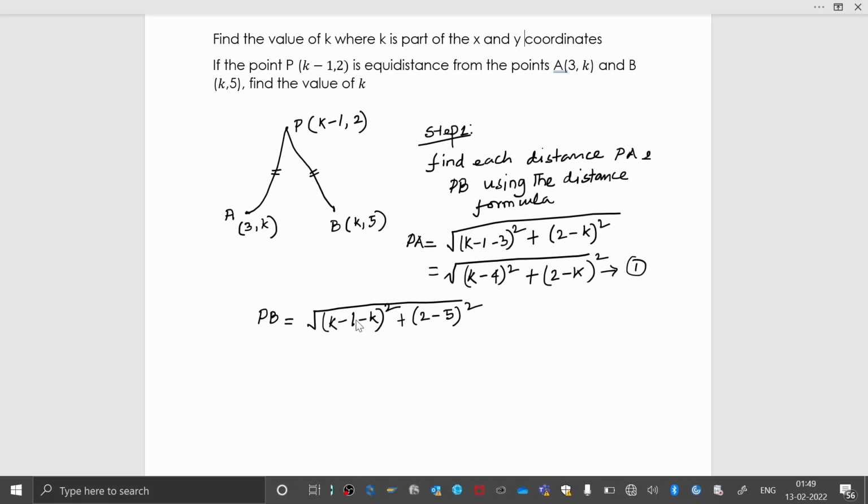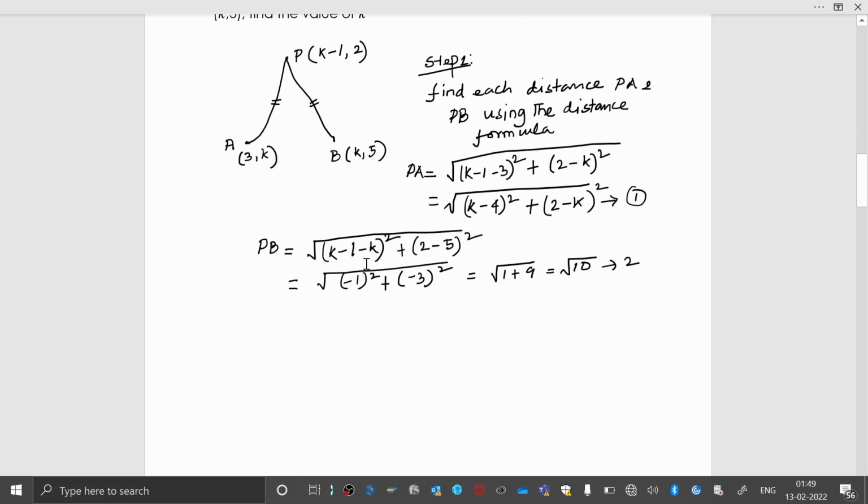Now plus k and minus k cancel each other. So we have minus 1 square plus (2 minus 5 is minus 3) square, which is basically equal to root over of 1 square is 1 and minus 3 square is 9, and this gives me square root of 10. So this is my equation 2.